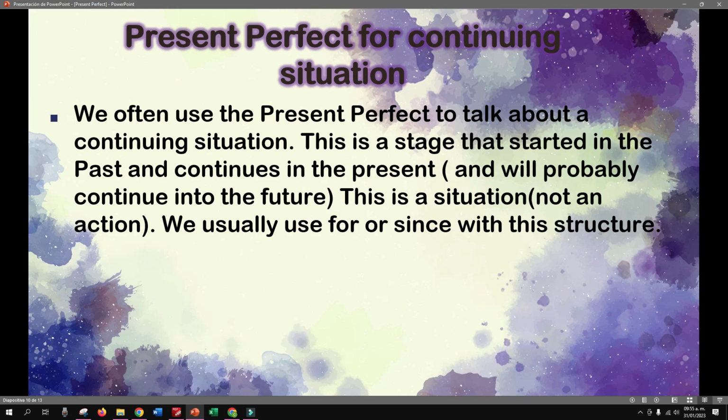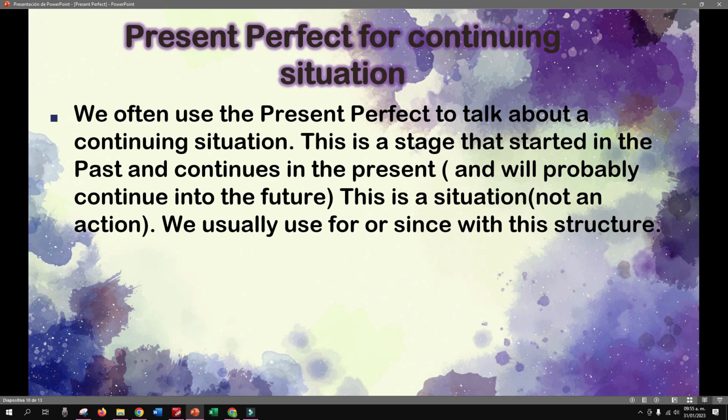For example, Mr. Davy, can you help me reading, please? Okay. We often use the present perfect to talk about a continuous situation.